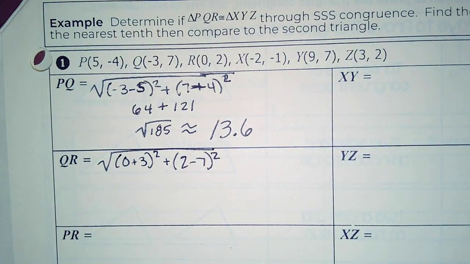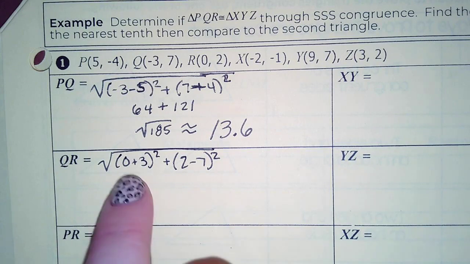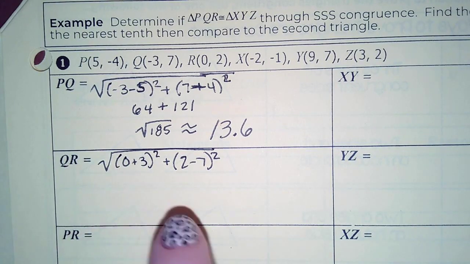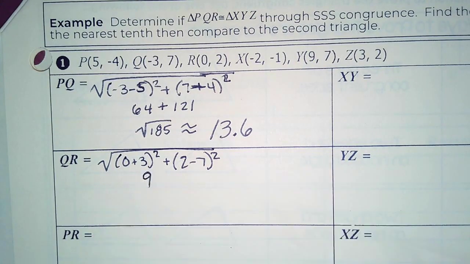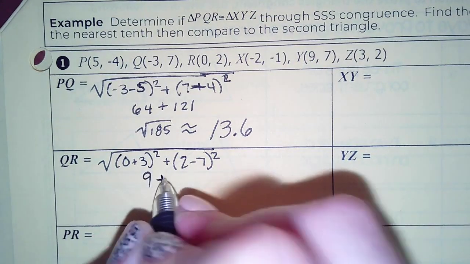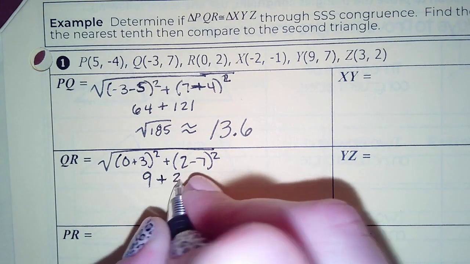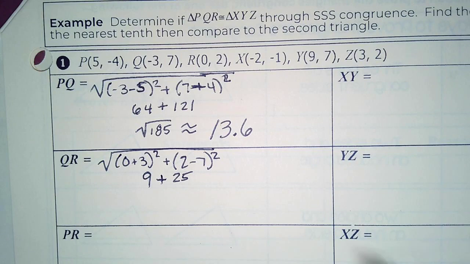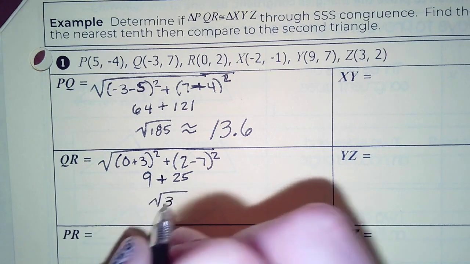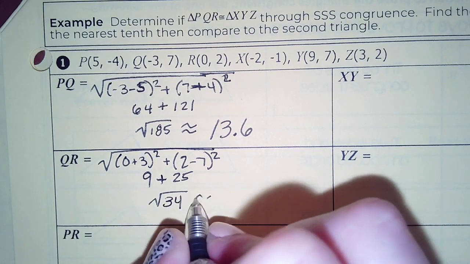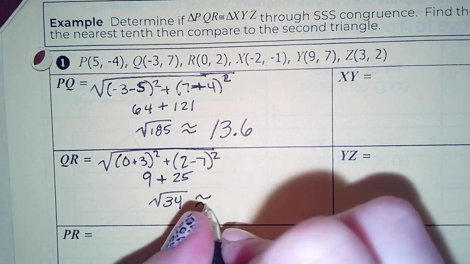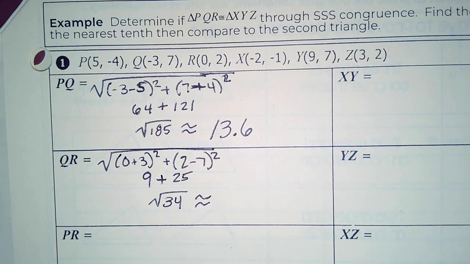However, if we subtract a negative, that's what turns it to addition. 0 plus 3 is 3. 3 squared is 9 plus 2 minus 7 is -5. -5 squared is 25. Add them together, I get square root of 34. That approximates to 5.8.